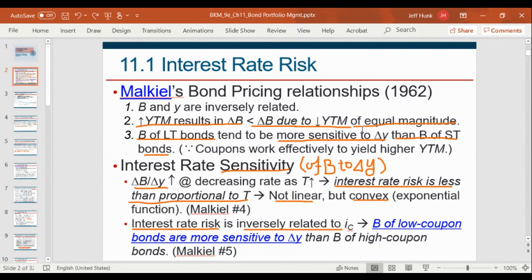They can do something like an interest rate swap, or some type of insurance.